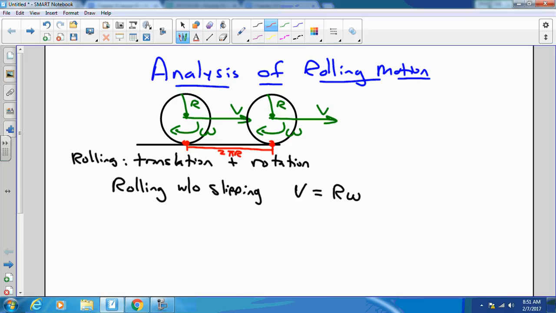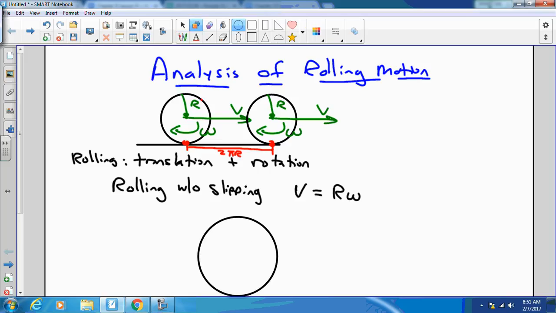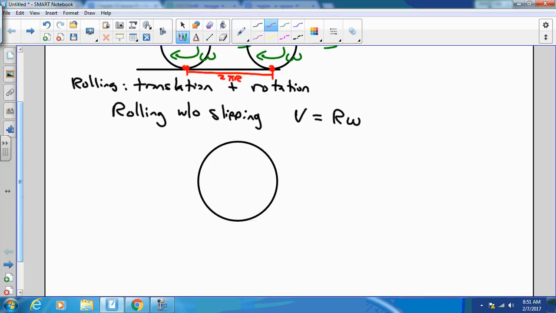Something else happens when you have rolling without slipping, and that is that we can identify the velocities of various points on the circle. If we have point P right here, point Q right here, and point S right here, I'm not going to use R because we confuse it for radius, then the velocity of point P relative to the ground is going to be 0.